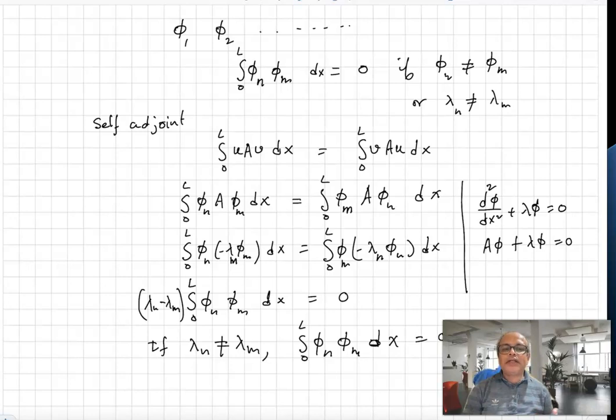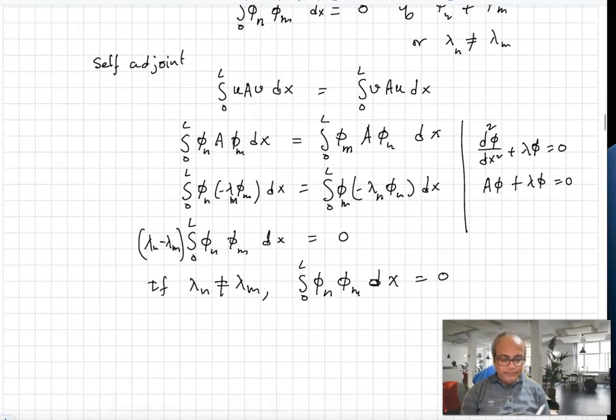Eigenvalues not being equal is equivalent to saying eigenfunctions are not equal, and when they are not equal, if you integrate, you get 0. You say this is orthogonal. Obviously, if they are equal, then they become a square, and if you integrate a square, you will not get 0 unless it is 0. So eigenfunctions are not 0, which would be a trivial solution that we don't consider as an eigenfunction. Okay.